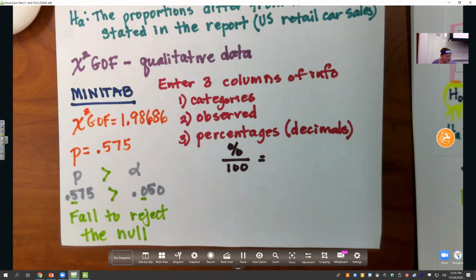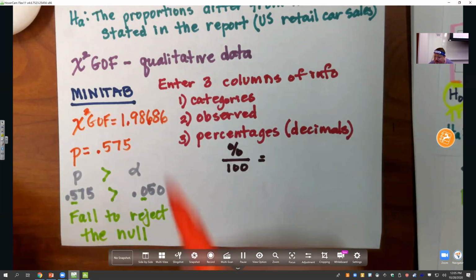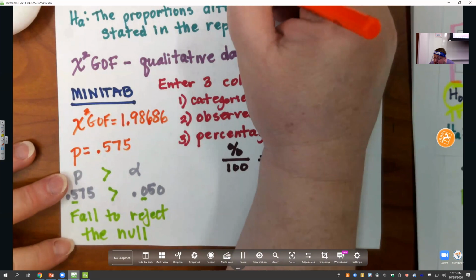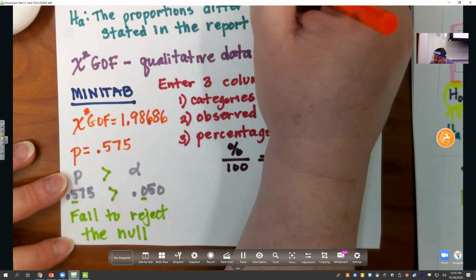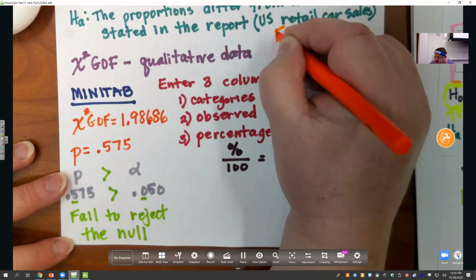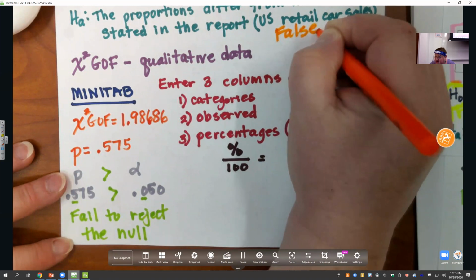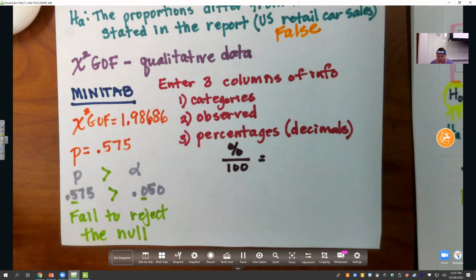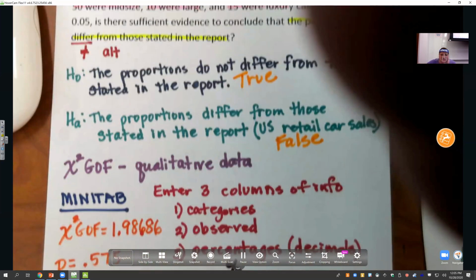Which means for us, thinking that through, we fail to reject the null. That means the null is true and the alternative is false. So what happened in Bartow County does seem to follow what happens across the United States.